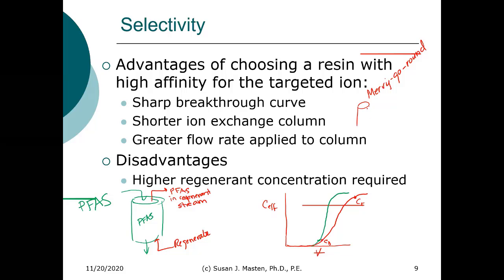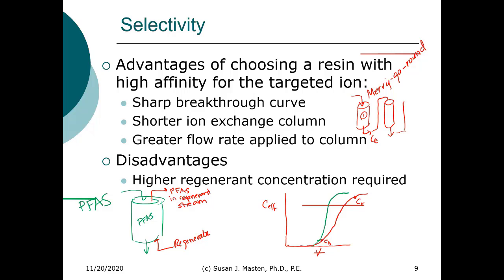So we have column 1 here. We load up column 1. We run that not to breakthrough, but we run that to exhaustion. But we also have another column here that's essentially a polishing step.